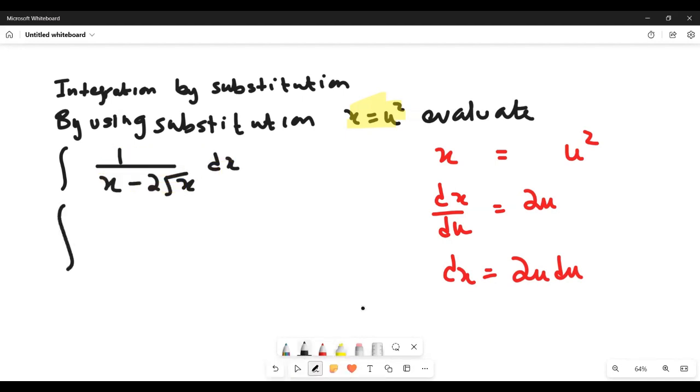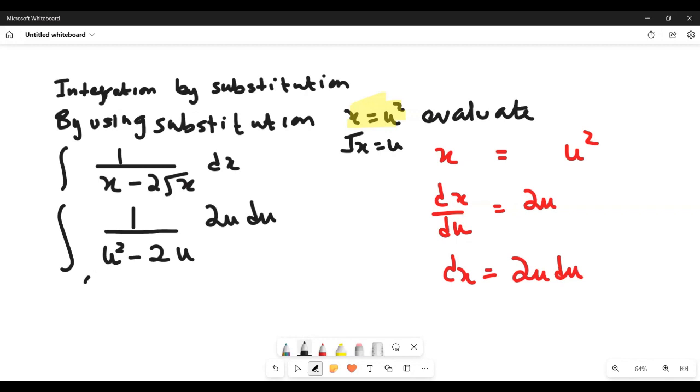So integration of 1 upon x की जगह I'm writing u square minus 2 square root of x की जगह क्या आ जाएगा फिर? Square root of x is going to be just u. So u and dx will be replaced with 2u du.